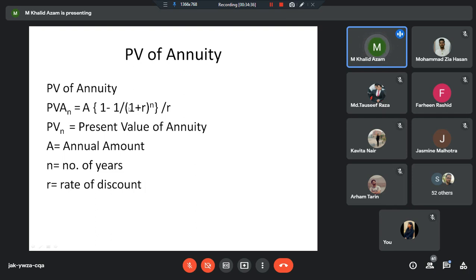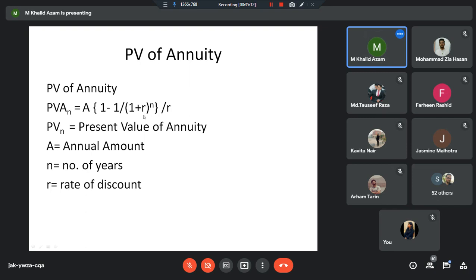So it is 1 minus 1 divided by 1 plus r to the power n, whole divided by r. This is the present value factor of annuity. From 1 we reduce this value, and then we divide it by r. So this is the formula.